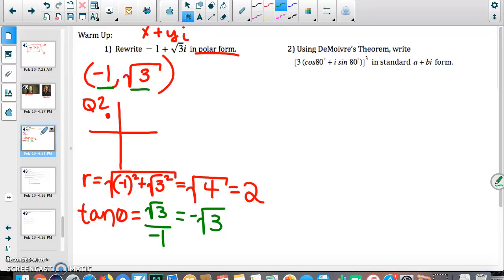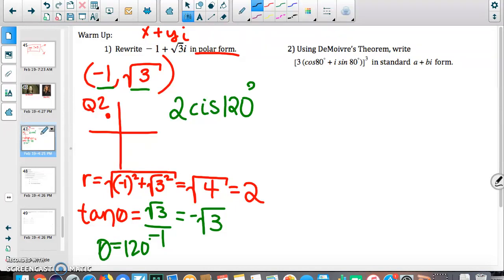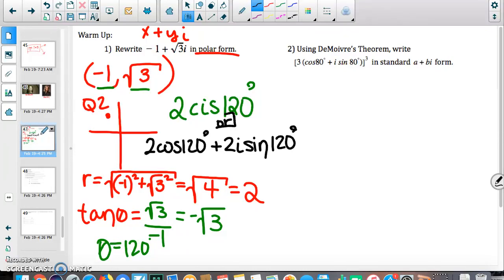I'm not even ready for this. It is 120. So my angle is 120. And so to rewrite this in polar form would be 2 CIS 120. Or if you wanted to write it the long way, it would be 2 cosine of 120 plus 2i sine of 120. So either is acceptable there.